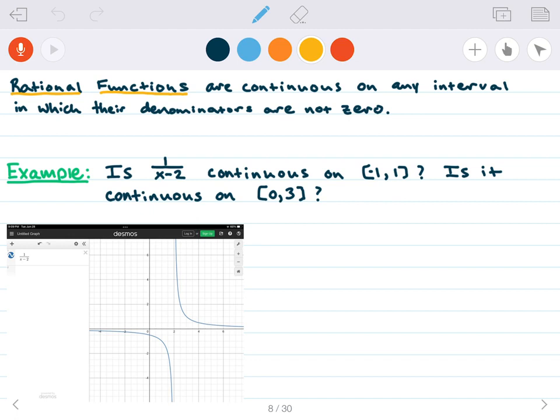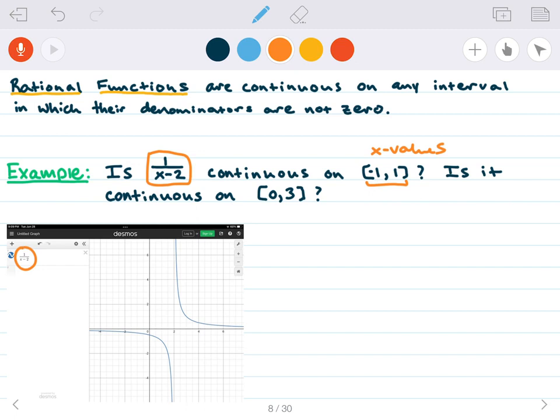So the first example that we have is the function 1 over x minus 2. Is it continuous on this interval? Remember, these intervals are x values. So let's draw a little neighborhood around the interval on this graph. This just came from Desmos.